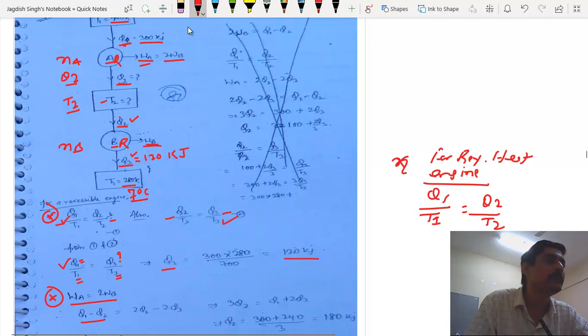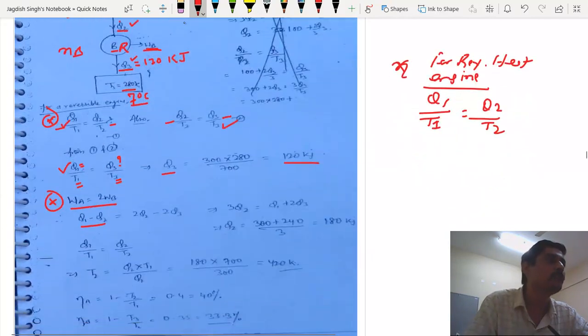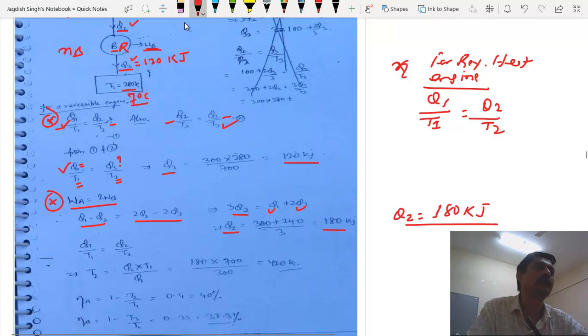Since WA is equal to 2WB, therefore Q1 minus Q2 is equal to 2Q2 minus 2Q3, from where Q2 is equal to (Q1 plus 2Q3) by 3. In this equation Q1 and Q3 are given, from where we can calculate the value of Q2. Therefore Q2 is equal to 180 kilojoule. This value has been calculated.